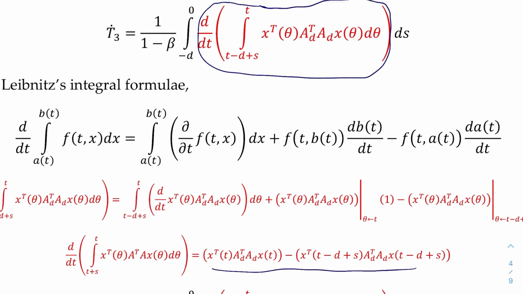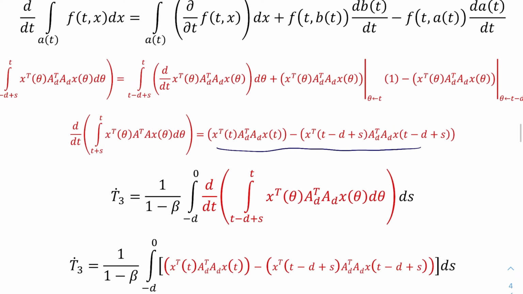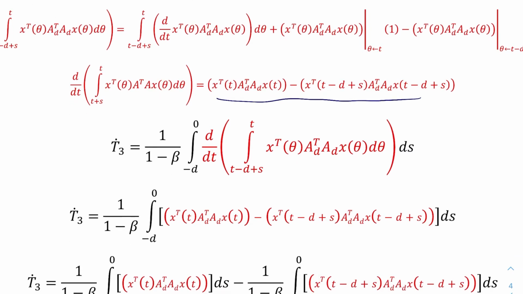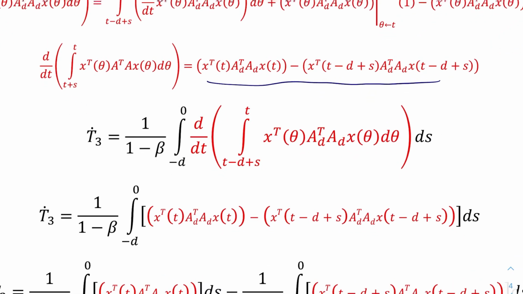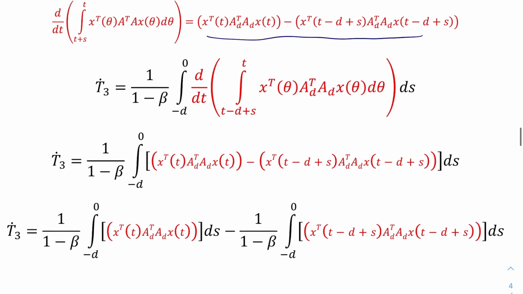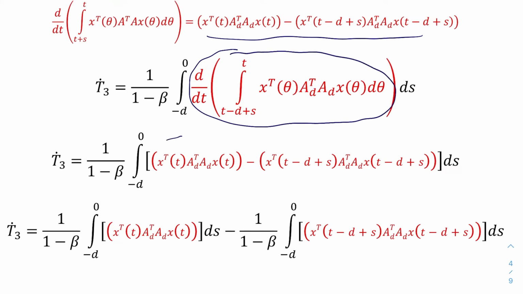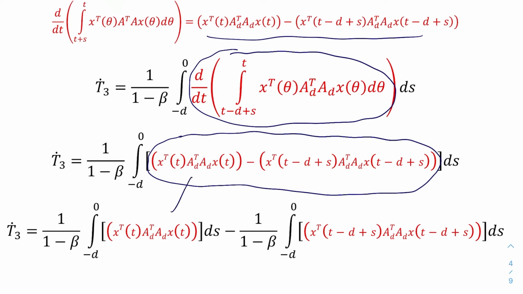We have this, and again, this expression doesn't have t in it, so that makes things a little easier. Here we use the Leibniz rule and we get that, and again we decompose that. And the final expression is this line.